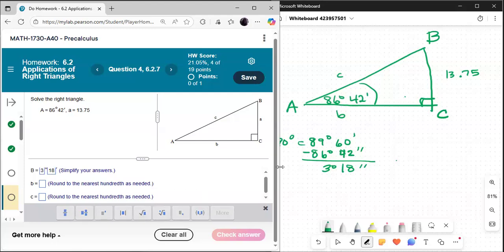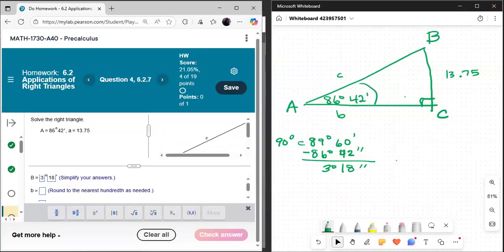Okay. And then, let's see, we need to find little b and little c. So to find little b using the known angle, and we do know 2 angles now, that's the adjacent side, and we know the opposite, so we can use the tangent for this.